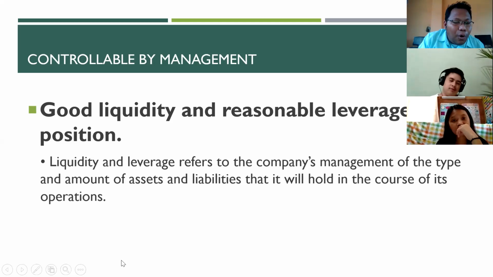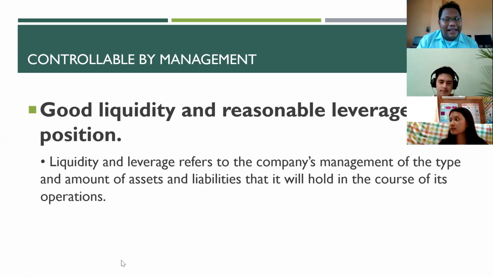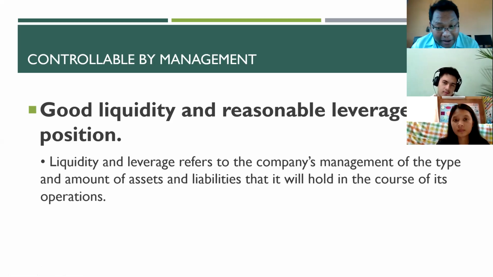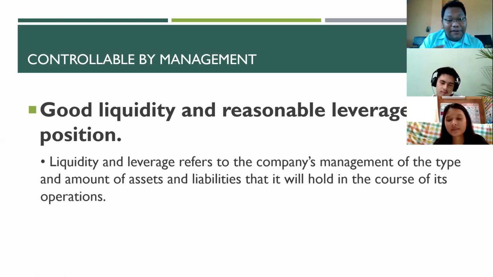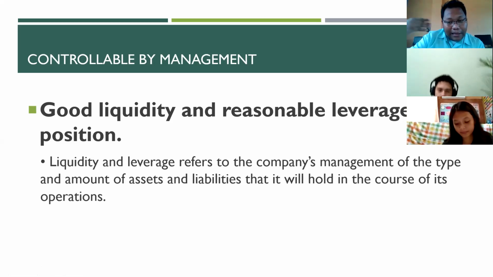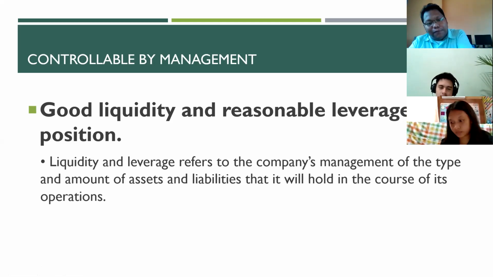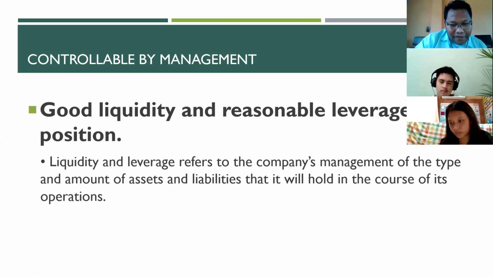Whatever it is that you owe another party, that is a liability. For instance, the payables. Remember the payables? Accounts payable, notes payable. They are liabilities because an accounts payable represents a value that you owe another party in exchange for what you received from that other party.